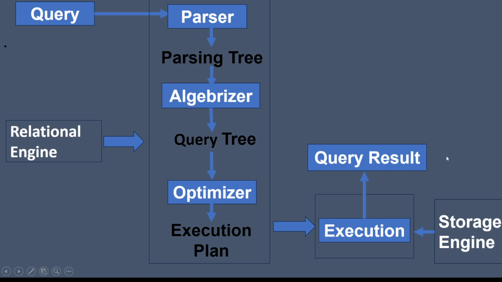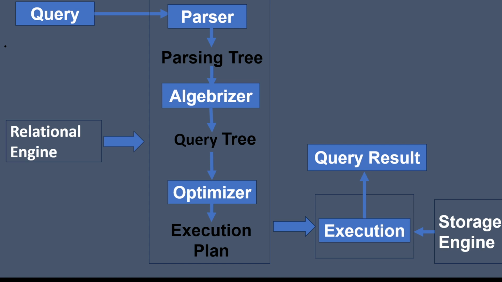First one, parser; second, algebraizer; third, optimizer; and fourth, execution. Convert the query into a format that can be used by the SQL Server storage engine to retrieve the requested data. If the submitted query is a DML statement, there will be no need to optimize the query.